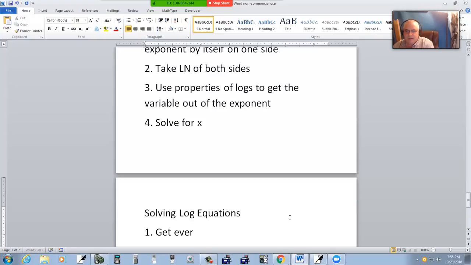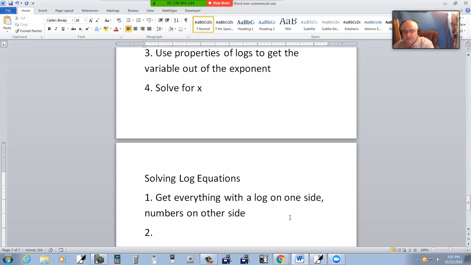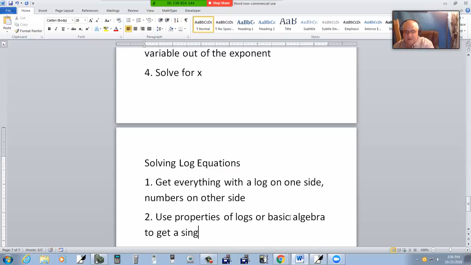First step, get everything with a log on one side, numbers on the other side. Step 2, use properties of logs or basic algebra to get a single log.